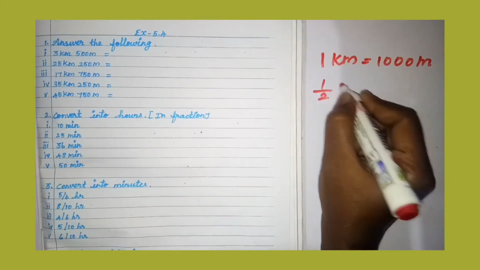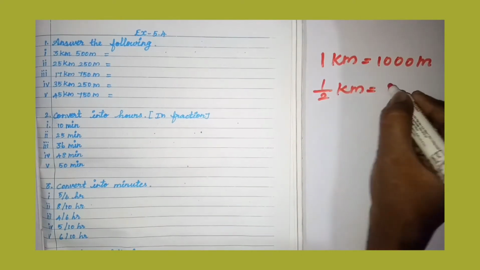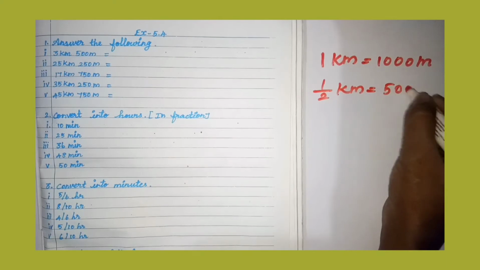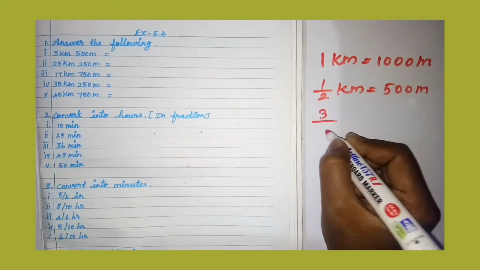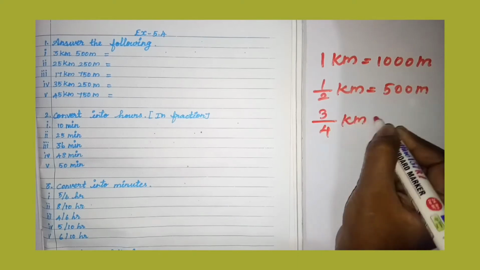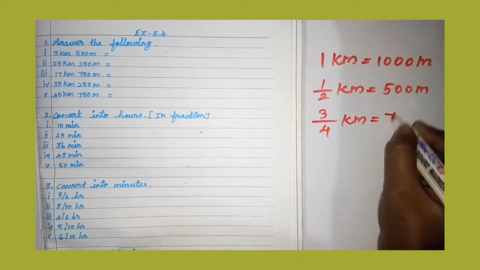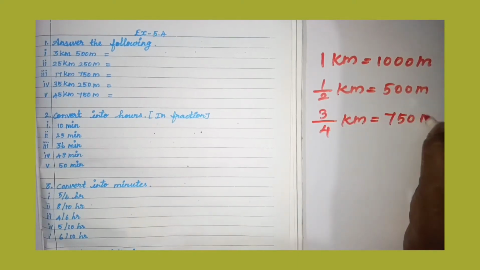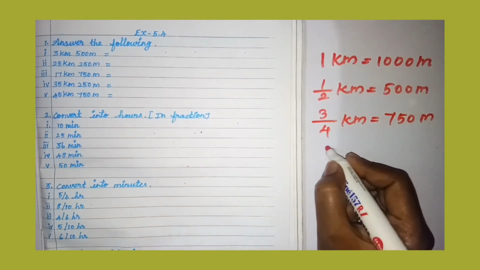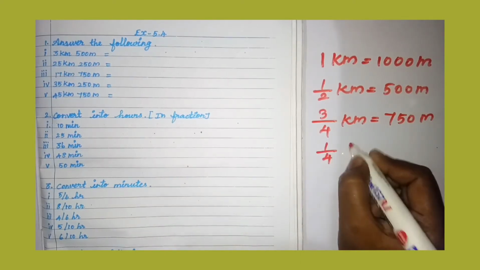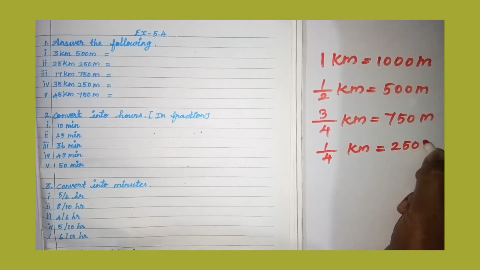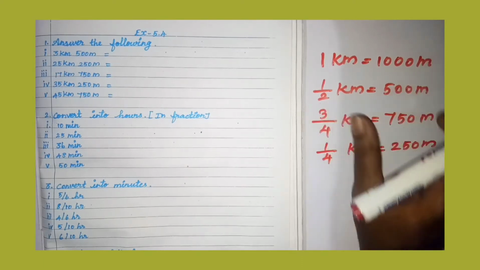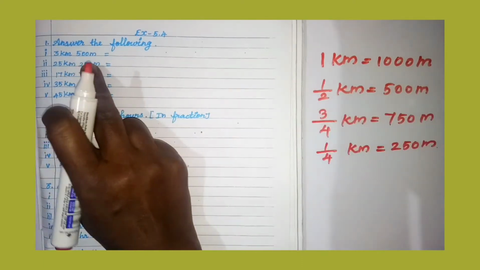Half kilometer is equal to, half kilometer we write 500 meter. Next, 3/4 kilometer is equal to 750 meter. Next, quarter kilometer is equal to 250 meter.